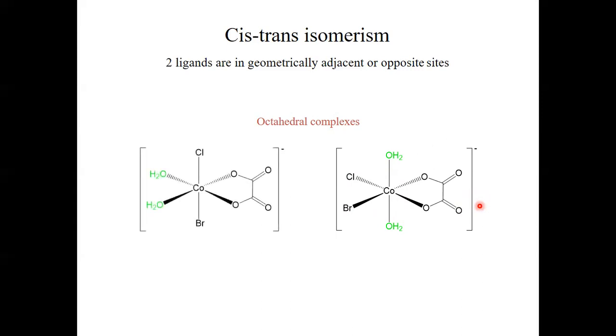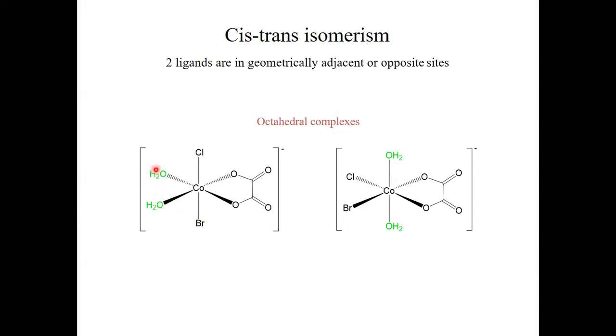There is a cis isomer that corresponds to this trans isomer, and in this cis isomer, the water ligands, the aqua ligands, are in adjacent positions as you see here, and the chloro and the bromo ligands are in opposite positions.